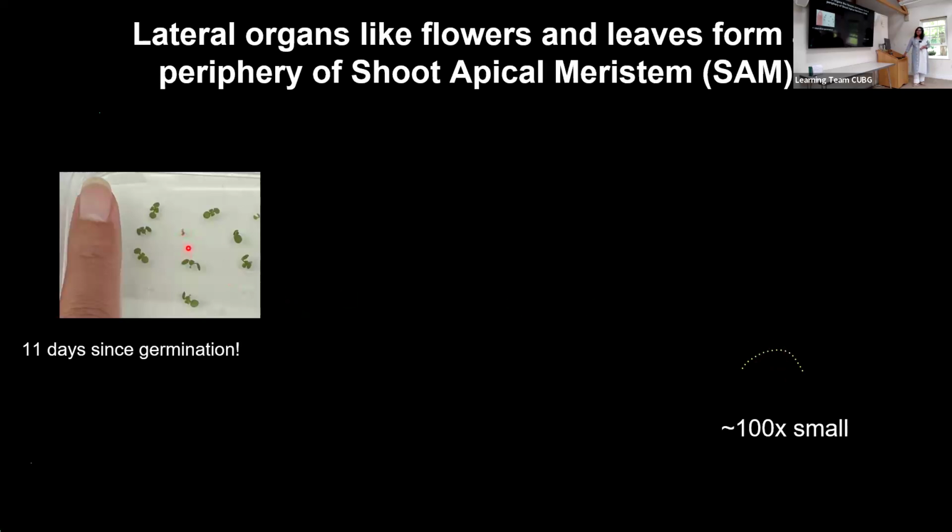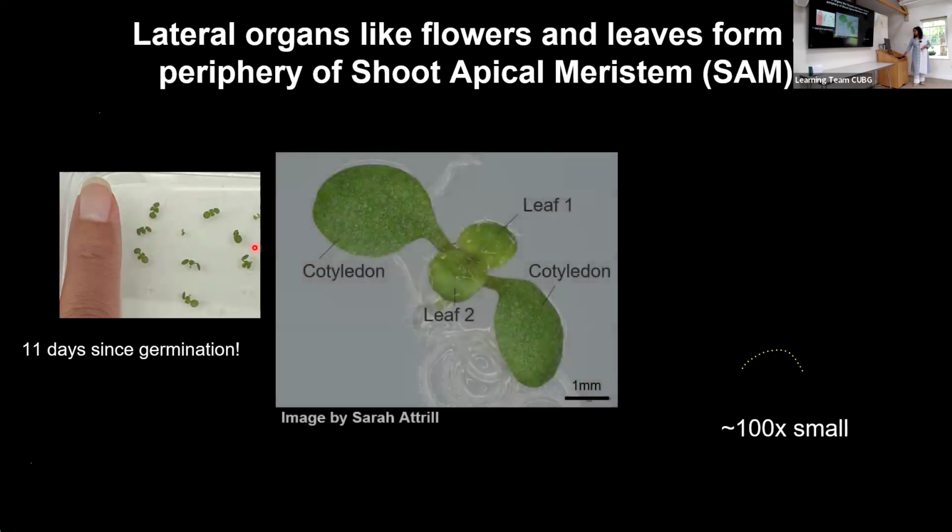So you can see that we can grow lots of Arabidopsis plants as seedlings in the lab. And just to give you a reference, these are really tiny, even after 11 days old. Compared to my fingernail here, we can have many, many growing in a petri dish. And if we take a closer look, this is less than 1 millimeter.